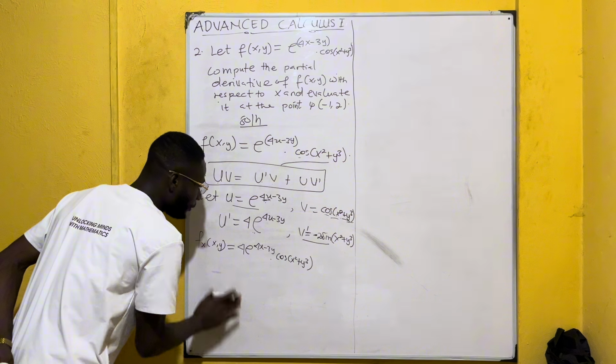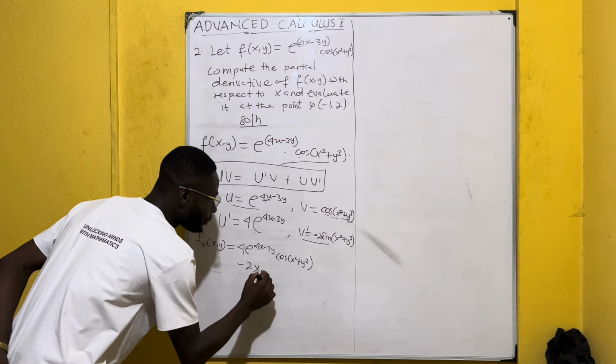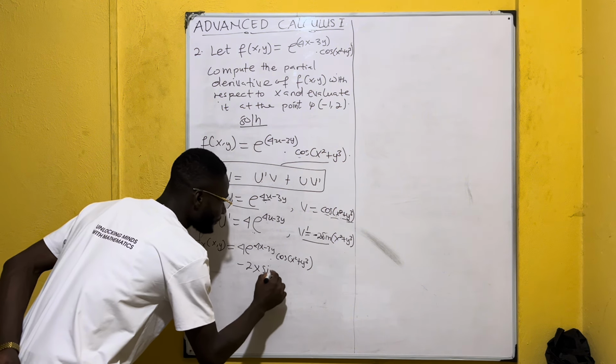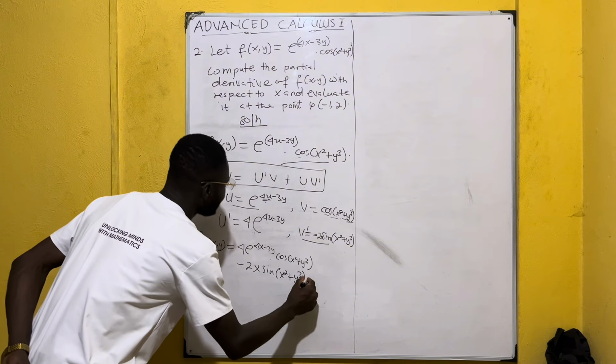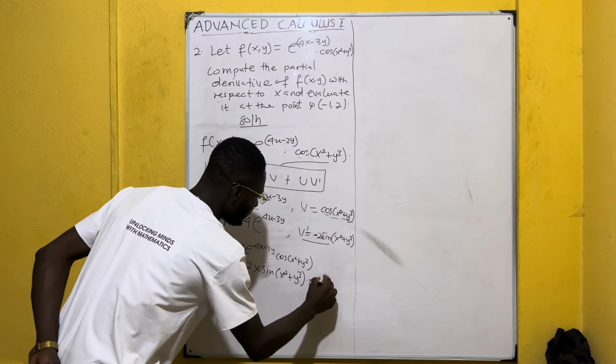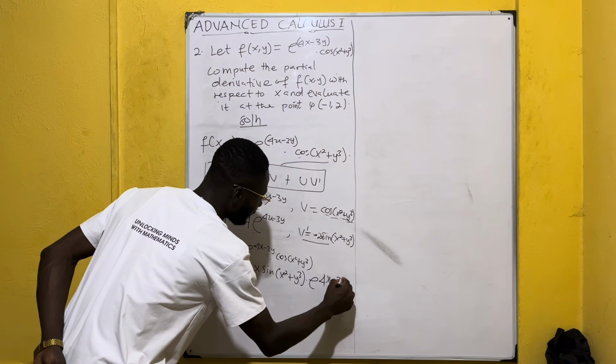Either way, they are all multiplying. So we bring the negative first, minus 2x sine into x squared plus y cubed times the u, which is e to the power 4x minus 3y.